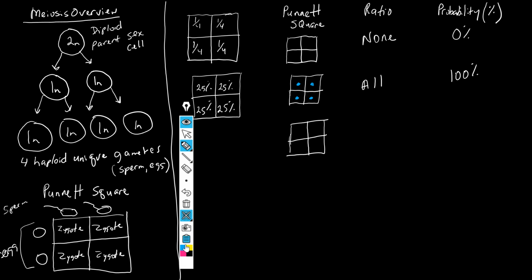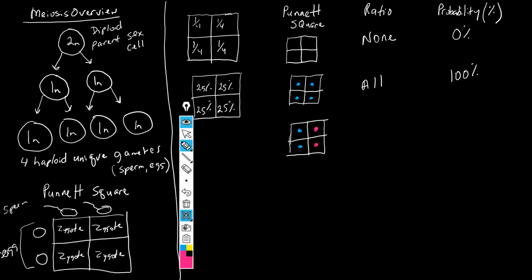Now, in this next Punnett square, I'm going to make 2 of them blue, and I'm going to make 2 of them pink. Now, technically, this is a 2-to-2 ratio. However, and you guys have learned this in math, we don't leave it at 2-to-2.